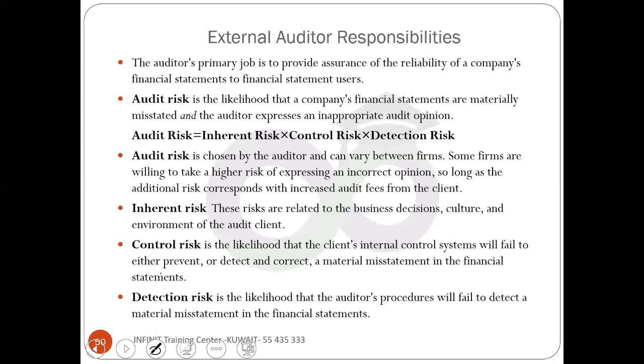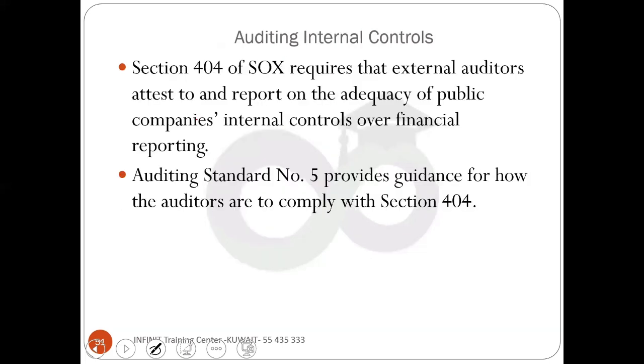When you have proper internal control in the organization, maybe you don't have to go deep into detection of the materials or the facts, because you have proper internal control. Inherent risk is by the nature of that business, there is a lot of risk. So this we call audit risk.